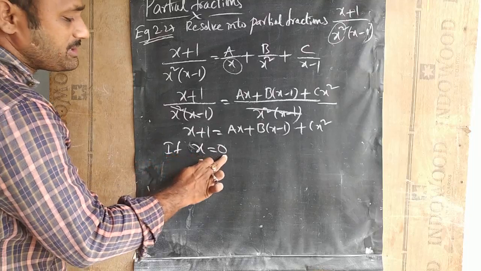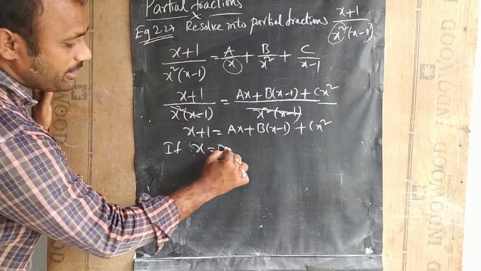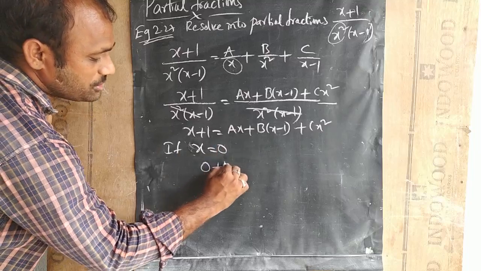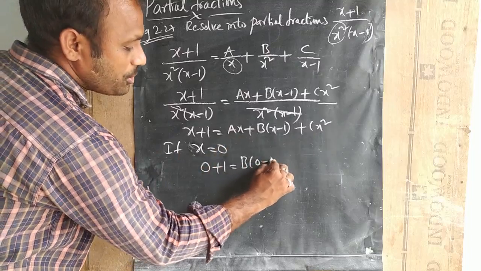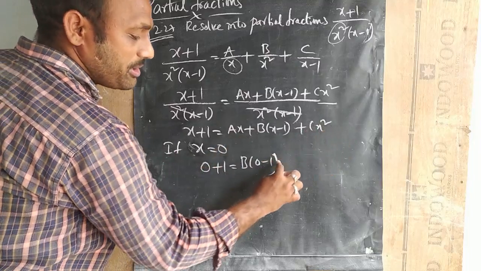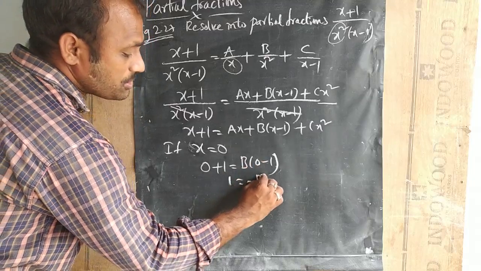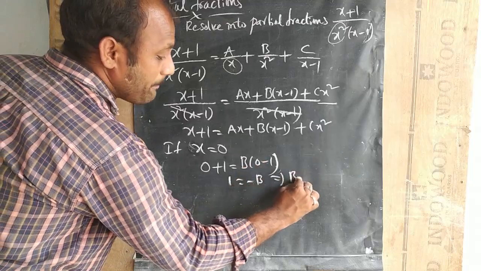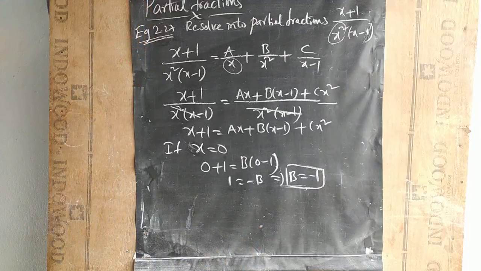If I substitute x is 0, here 0, here also 0, so we will get the b value. If x is 0, 0 plus 1 is equal to b into 0 minus 1, and c into 0 square is 0. So 1 is equal to minus b. That implies the b value is minus 1.